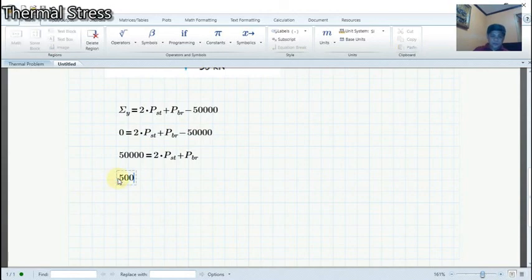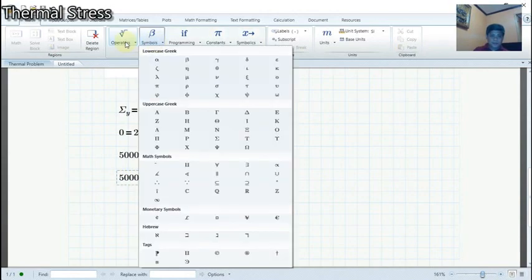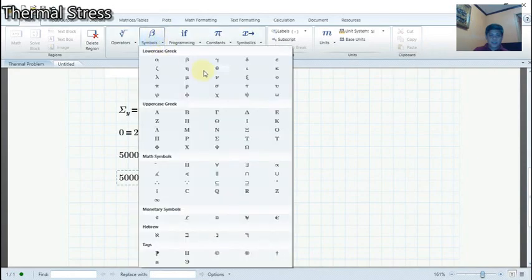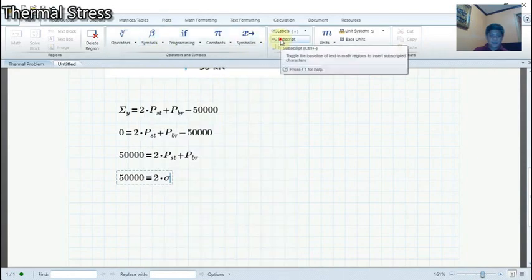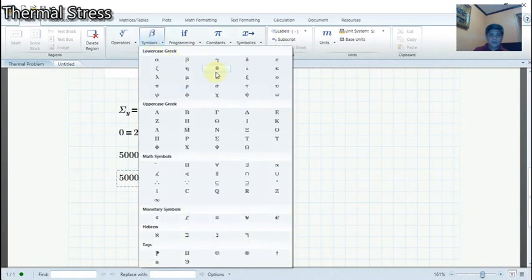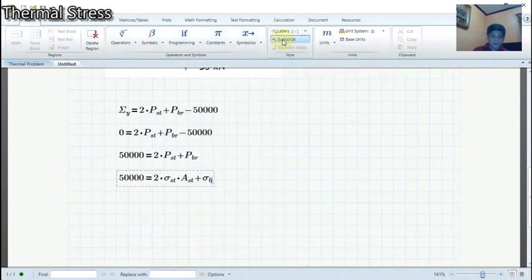So we have 50,000 is equivalent to 2 times PST, which is actually equivalent to the stress in the steel multiplied by the area of the steel. Okay. Then plus your PBR is equivalent to the stress in the bronze multiplied by the area of the bronze.